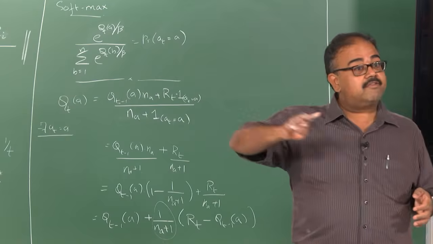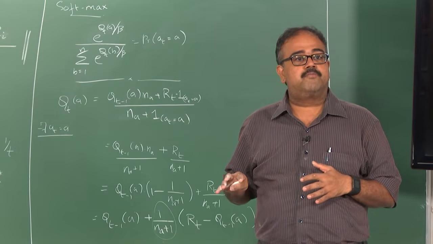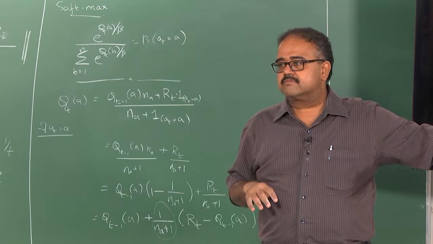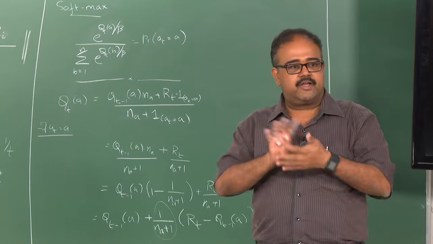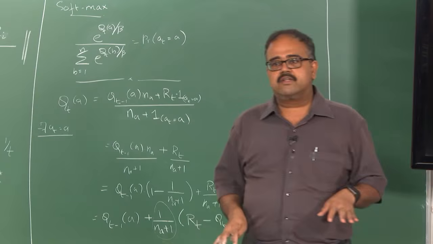But if I am drawing from a changing distribution, the more recent samples are more important to me than the older samples. If things are changing, if my coin is wearing out over time, then the more recent samples are more important to me than the older samples.